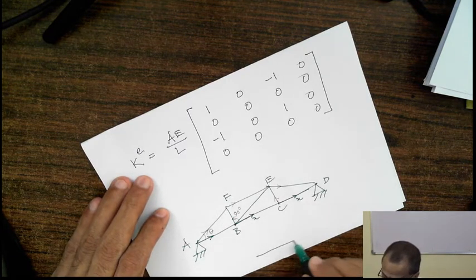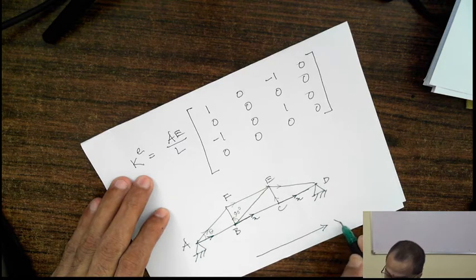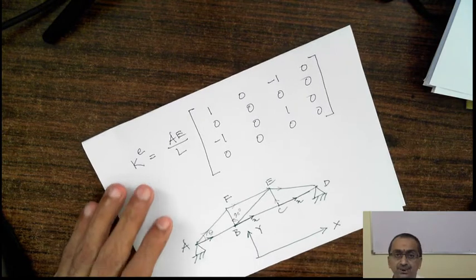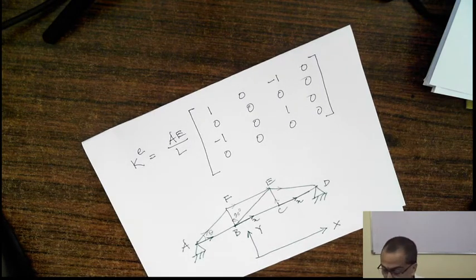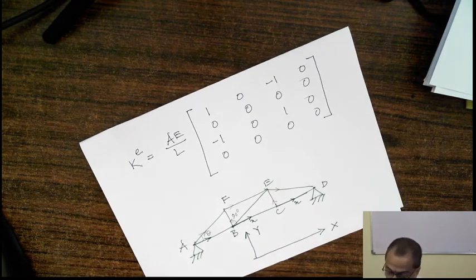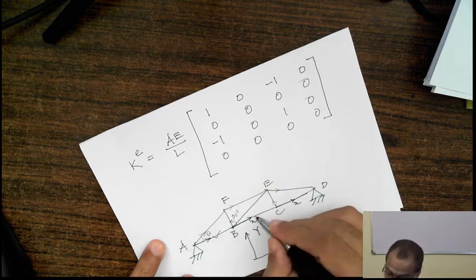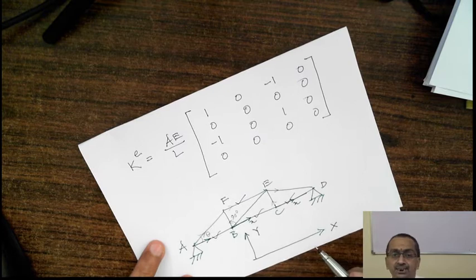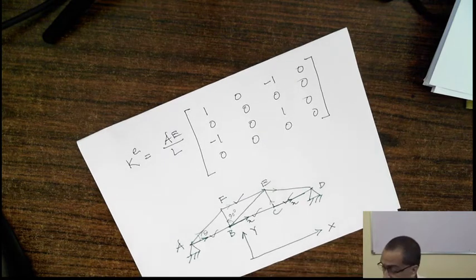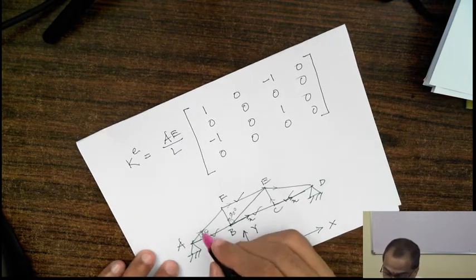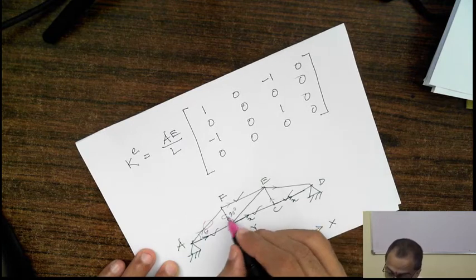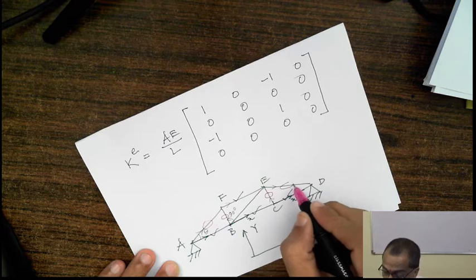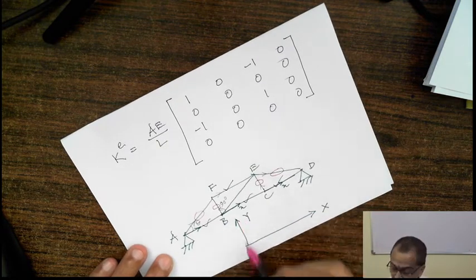Let us say this is my global x direction and this is my global y direction. Then the x-axes of members AB, BC, CD and FE are coinciding with the global x direction, whereas the x-axes of the members AF, BF, CE and ED are not coinciding with the global x direction.